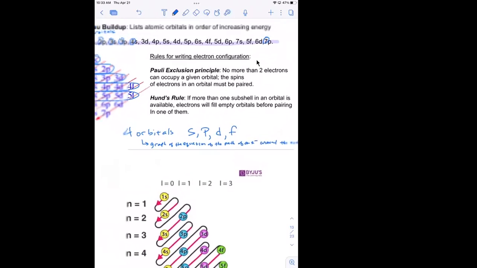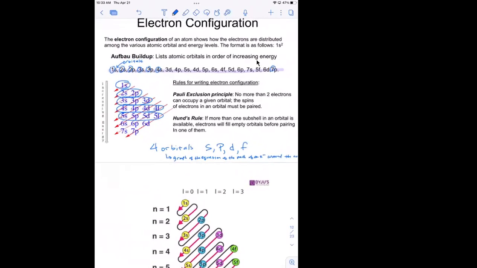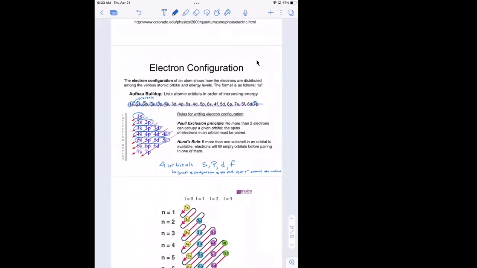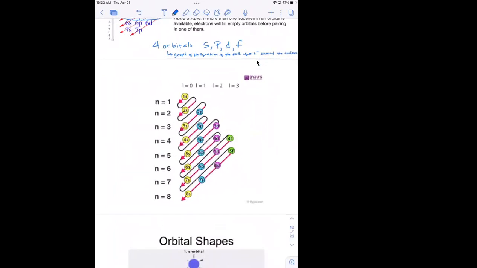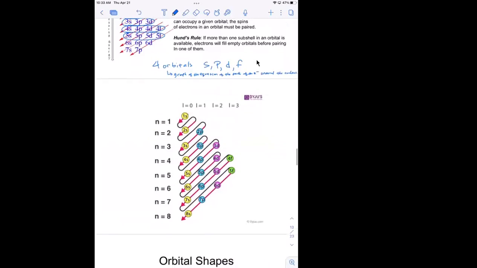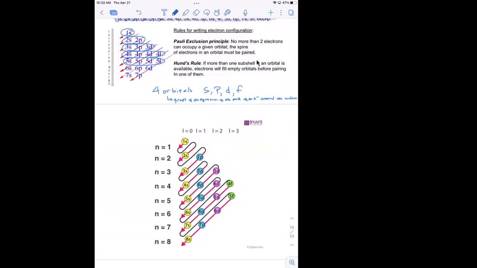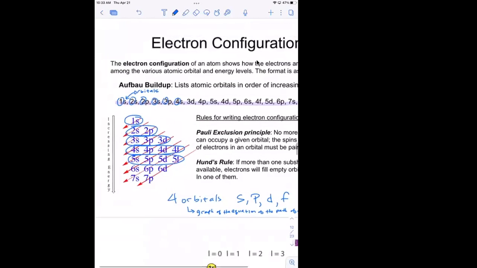But as far as the electron configuration, the energy levels are broken down this way, right? You have 1s, and then in the second energy level, 2s and 2p, third energy level, 3s, 3p, 3d, and so on. We're going to talk about the quantum numbers in a second, but I just want to show you the buildup, because the way I learned it was like this, linear.